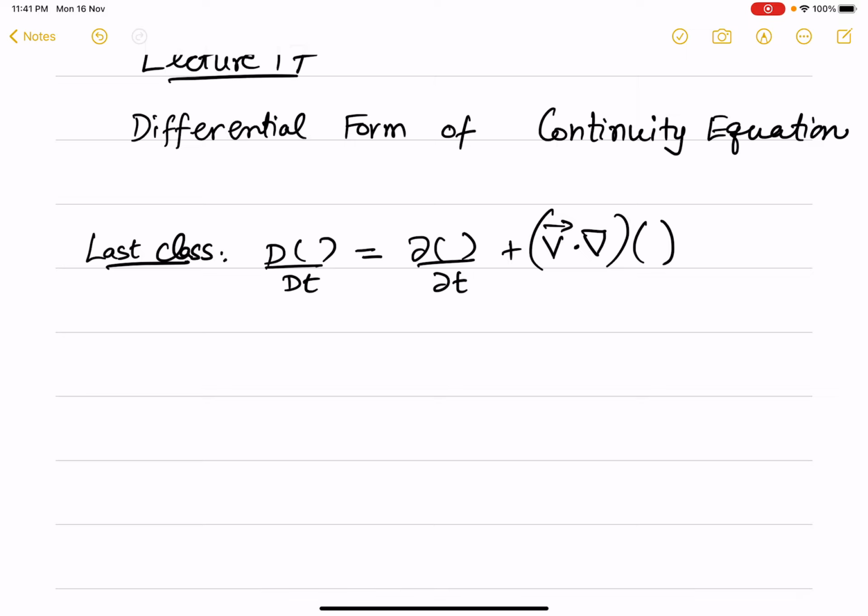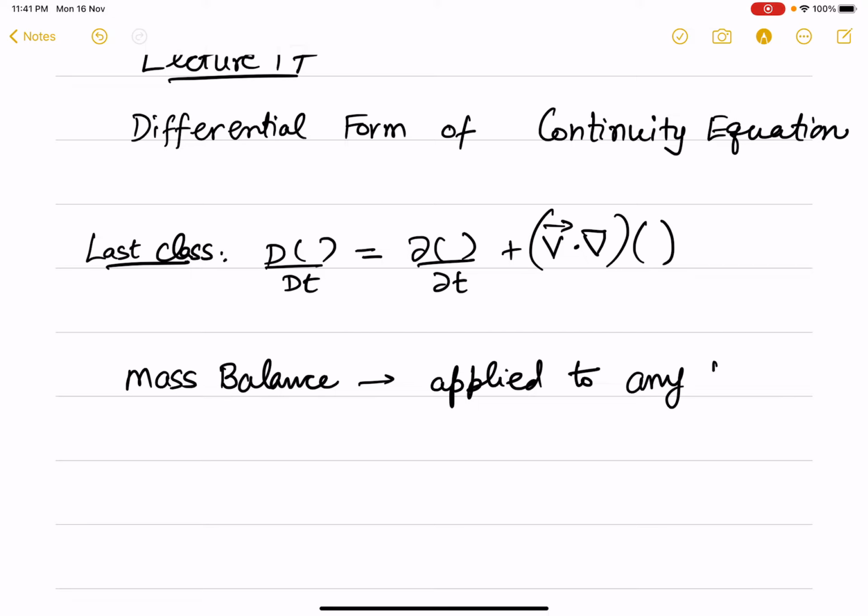Now, next we come to what we call the equation of mass balance as applied to any point.